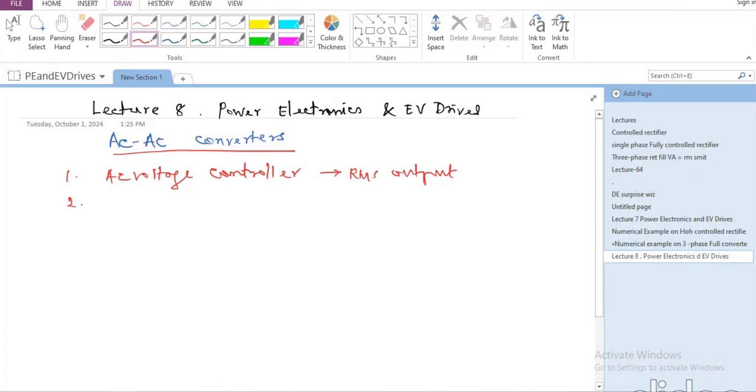The second one is known as cycloconverter. Cycloconverter allows you to change the voltage as well as frequency, and it can change from three-phase to single phase to three-phase, and so on. So there are multiple types of converters that are available.